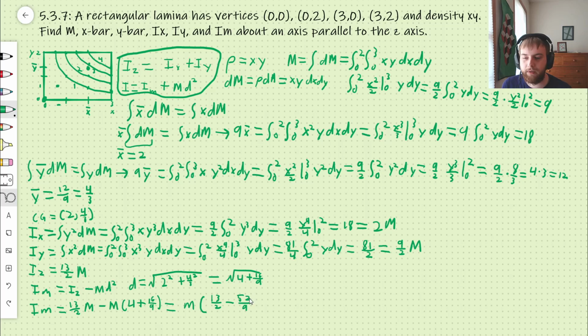Then in order to get common denominators, we multiply by the bottom of the other fraction, and we get 117 eighteenths minus 104 eighteenths equals 13 eighteenths m, and this is our final answer here.